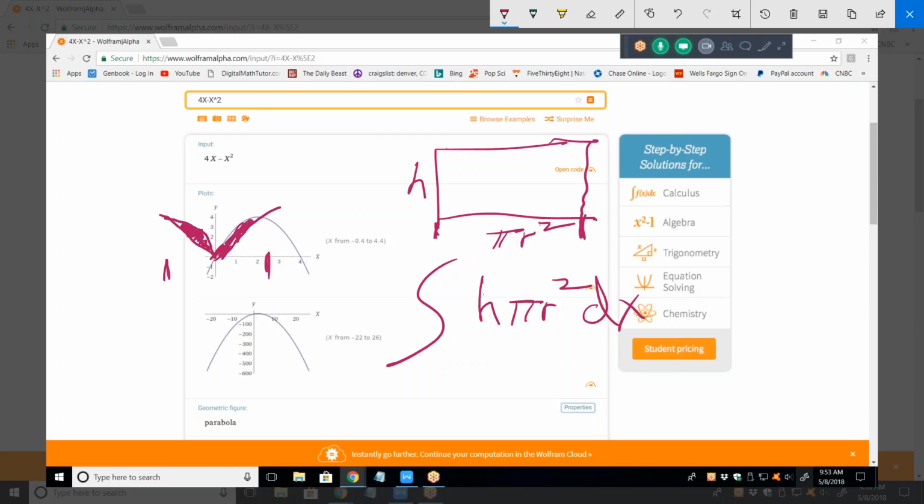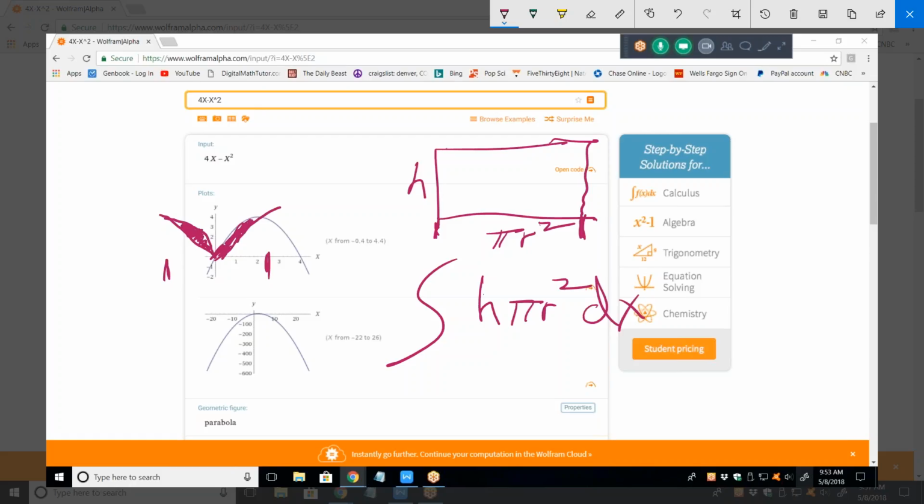Now, what is h in our picture? Would h just be y equals x? No, the function that's above is the 4x minus x squared, I believe.